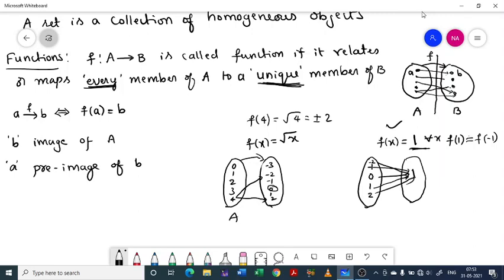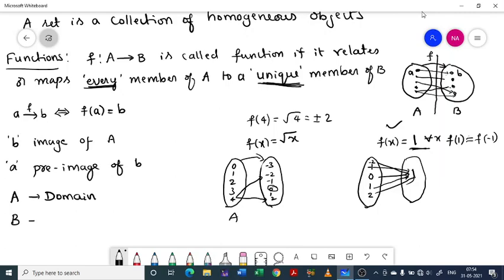Next, the set of all elements from which F is carrying elements is called the domain. A is called the domain. So F carries members of this set. The set of all members to which F maps is called the codomain.